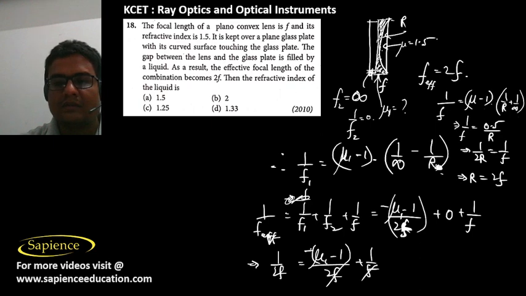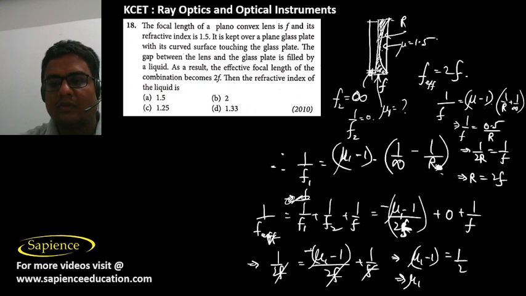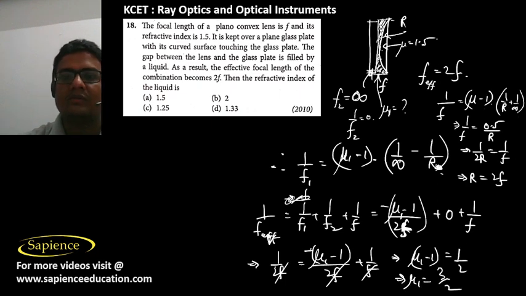The f I can cancel out. So mu1 minus 1 will be equal to 1 minus half, that is half. So mu1 is equal to 3 by 2. So maybe this liquid is glycerin.